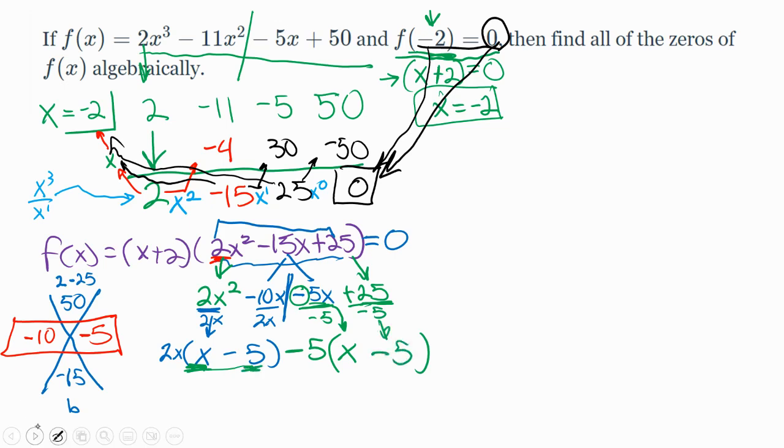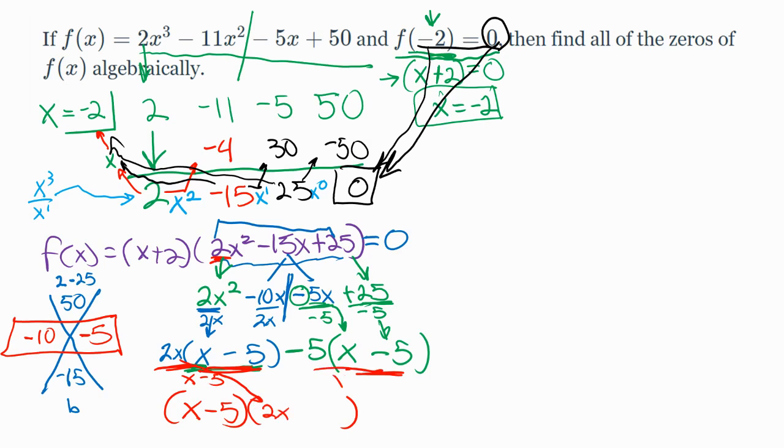So now I have a common binomial factor. And we take my common binomial factor and factor it out, x minus 5. And then what's left over will be the result of dividing my GCF, this common binomial factor, by x minus 5, and I'm left over with 2x.